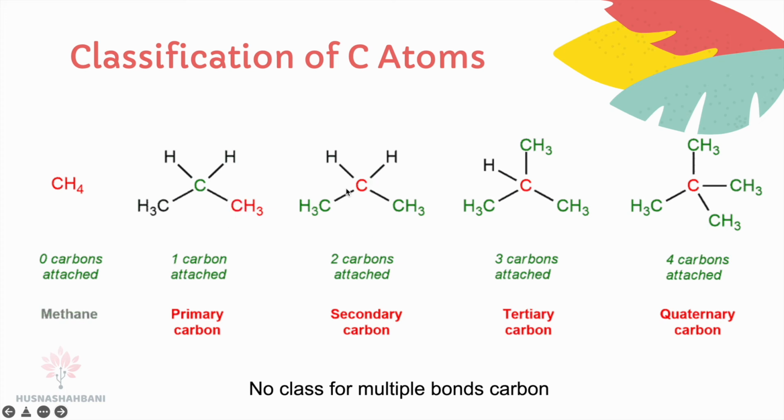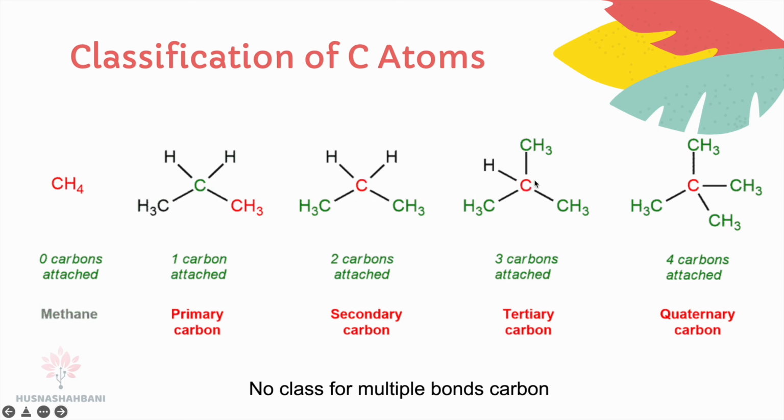And then focus on the next carbon here. If we have to classify this carbon, we count the number of carbon that is attached to this carbon. 1, 2. So these 2 carbons are attached to the carbon in the middle. So the class for the carbon in the middle is secondary carbon.